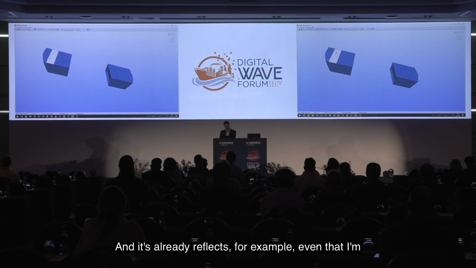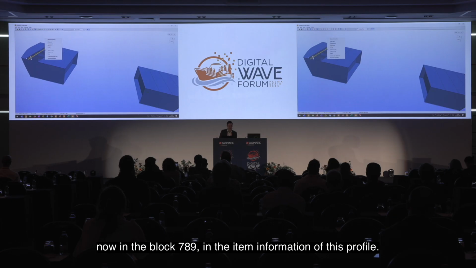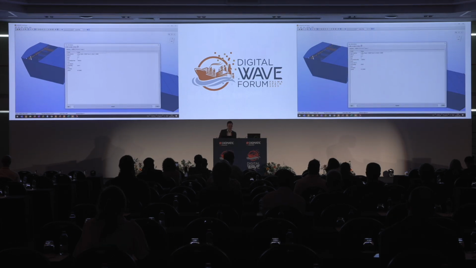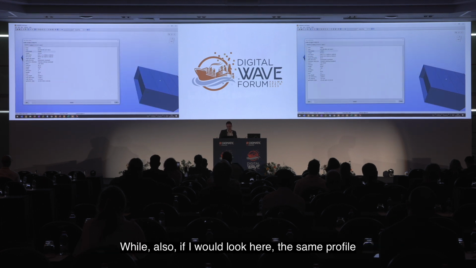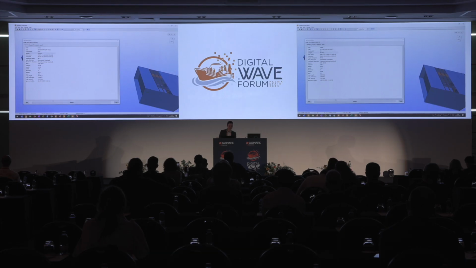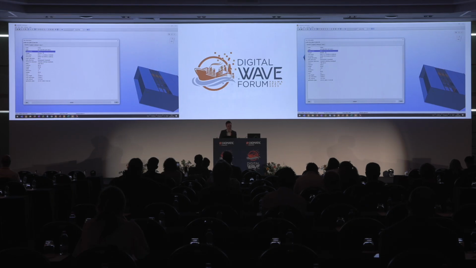And this already reflects, for example, even that I'm now in the block 789, in the item information of this profile. So as you can see, the profile is now on a fixed width that is positive. While, also if I would look here, the same profile is also on a fixed width over here. In this case, it's of course the grid value.